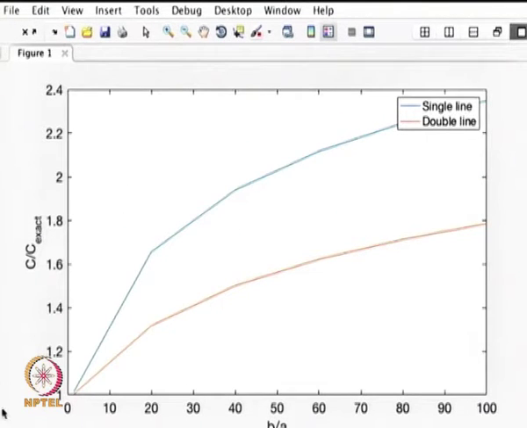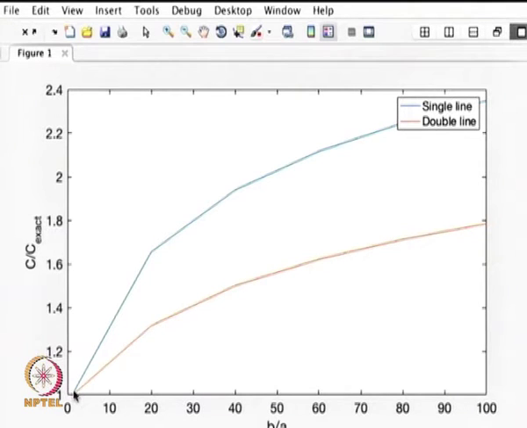So this graph plots the ratio B by A on the x-axis, and it computes the error value. So if the C computed value is exactly equal to the C theoretical value, then you will have 1. If not, you are going to overestimate the value of capacitance using the finite element method compared to the theoretical value.